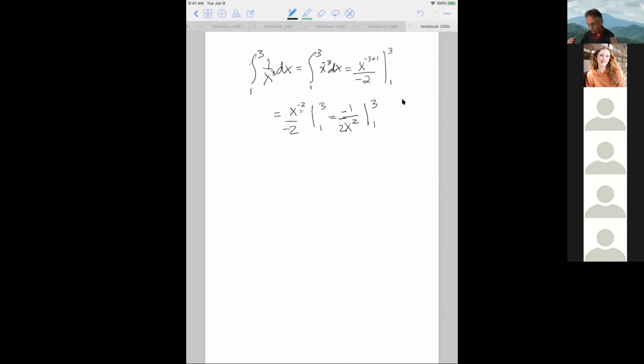And now I've got to plug in 3 first and subtract plugging in 1. So I end up with minus 1 over 2 times 3 squared, right?